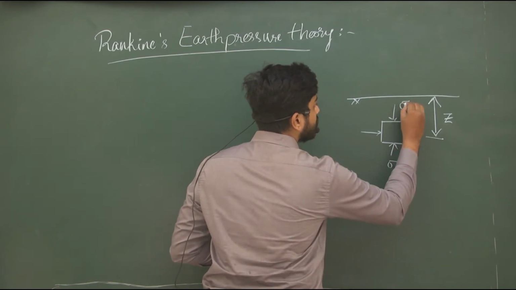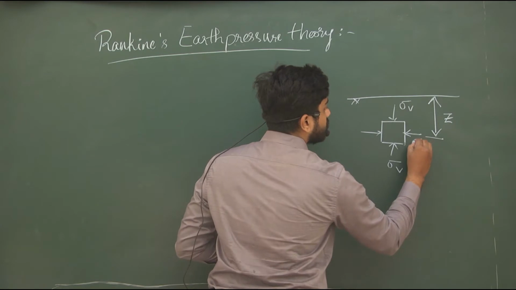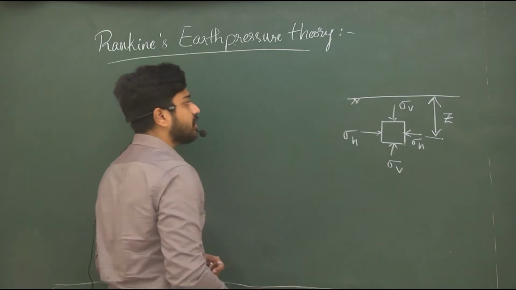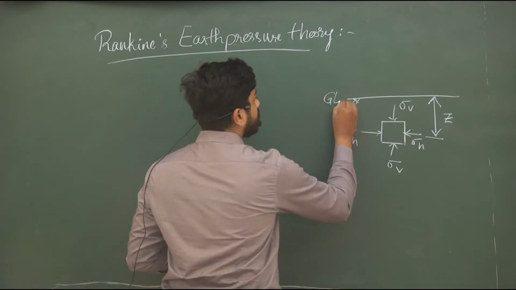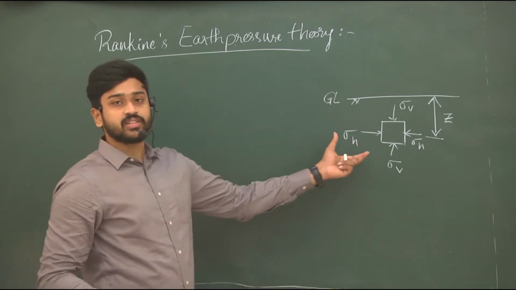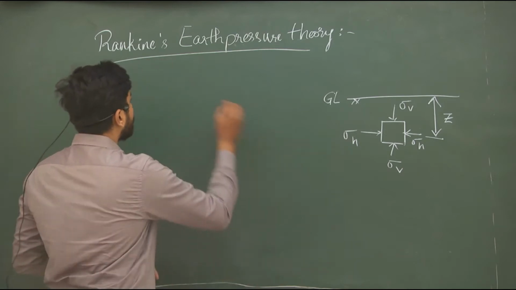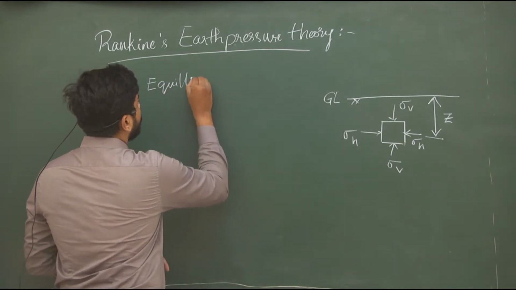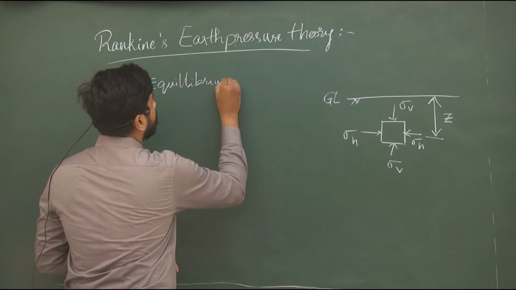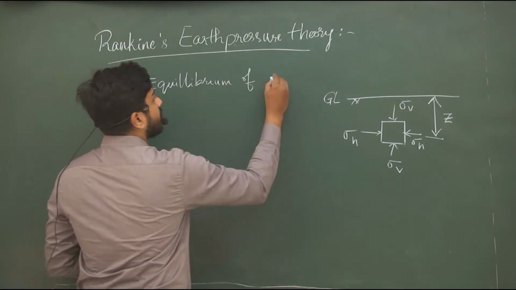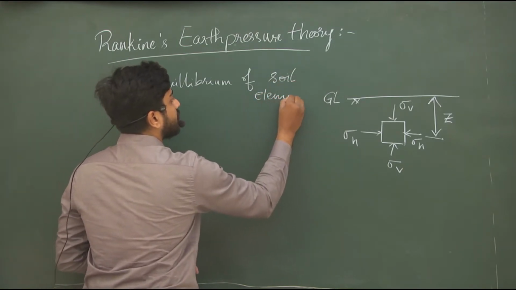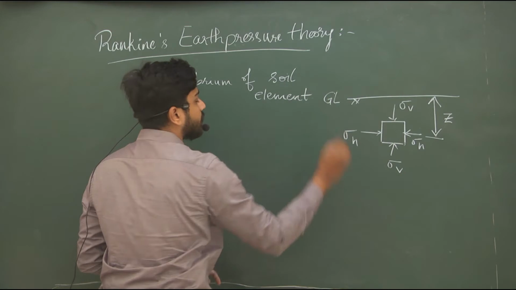Let us denote the vertical stress as sigma v and the horizontal stress as sigma h. This is our ground level. In this theory we will be considering the equilibrium of the soil element.